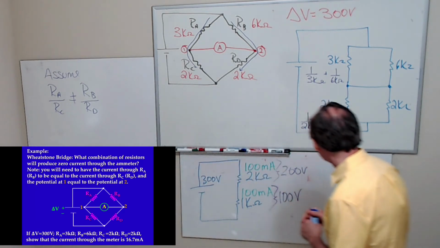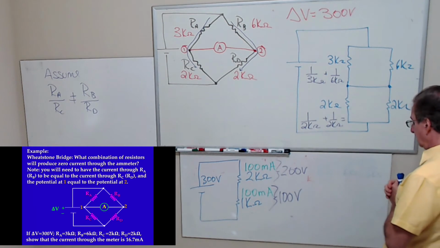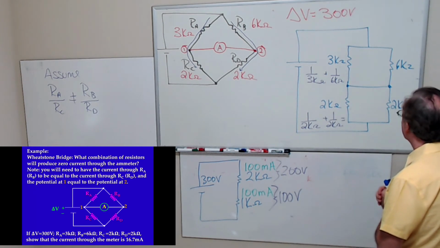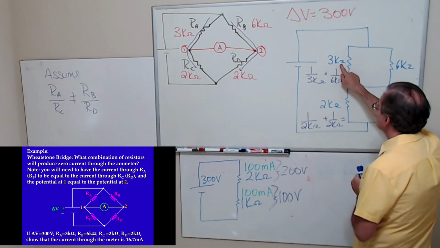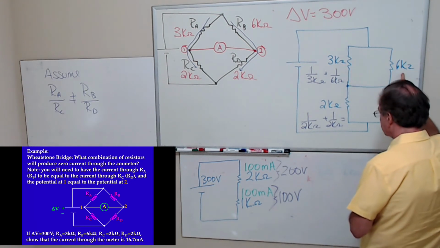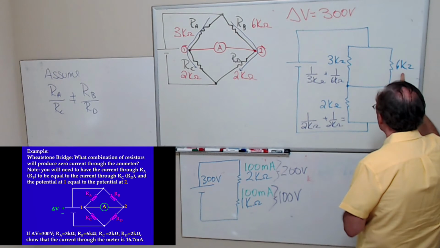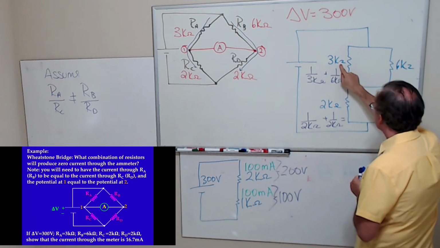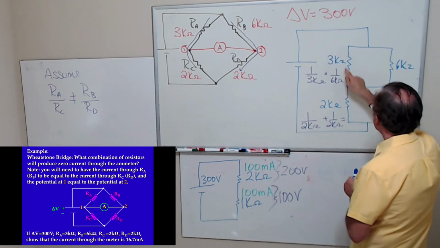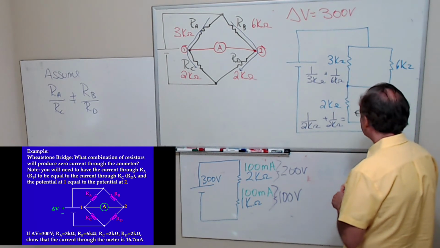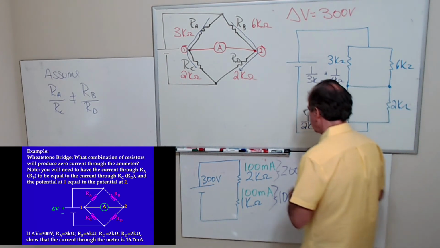Okay, all right, sorry. So I have 200 volts across this one, and I have 200 volts across this one. I want to find the current through this one. I got to take 200 and divide by 3,000.